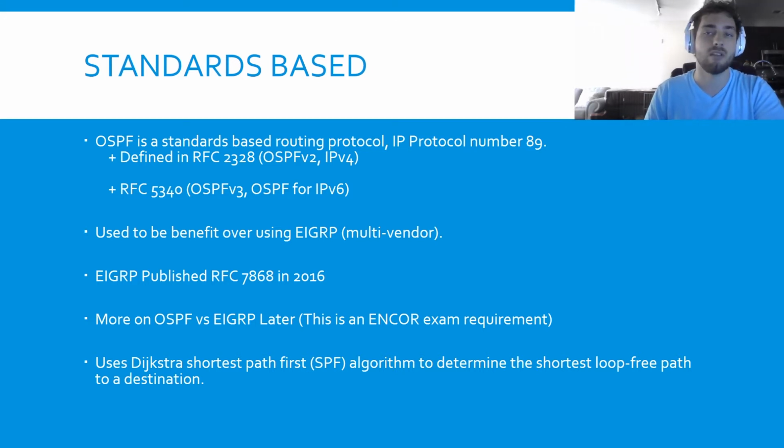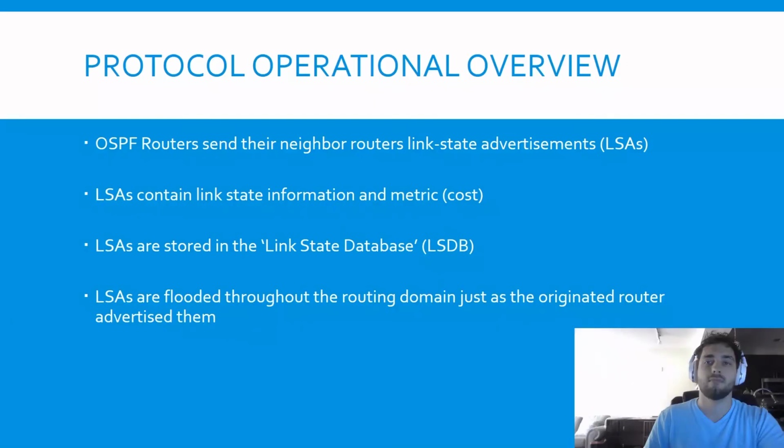Because OSPF is open standard, this used to make it an advantage over EIGRP until recently, when Cisco released the details of the protocol in RFC 7868. We will compare and contrast OSPF and EIGRP in an upcoming video. An OSPF router sends its neighbor routers link state advertisements that contain link state information and metric, also known as cost.